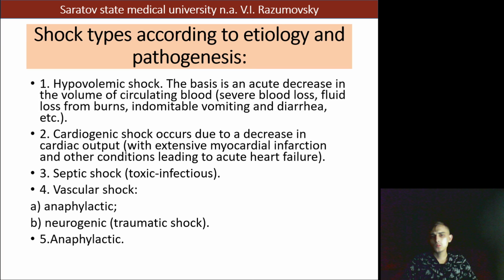The basis is an acute decrease in the volume of circulating blood. Cardiogenic shock, due to a decrease in cardiac output. Also, it may be septic shock or vascular shock. Vascular shock includes anaphylactic and neurogenic. Neurogenic is associated with trauma, and anaphylactic shock is associated with hyperimmune reaction.